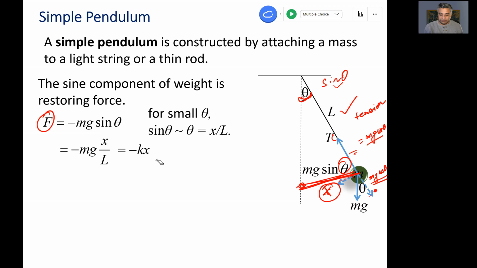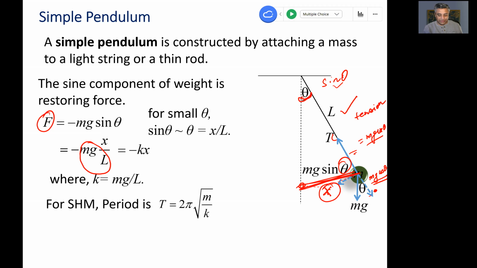So now, this is acting like a mass spring system, which has a spring constant of mg over L. So you can now use the same period, because this is also simple harmonic motion, because X and F are proportional, and they have opposite sign. So that's a simple harmonic motion.